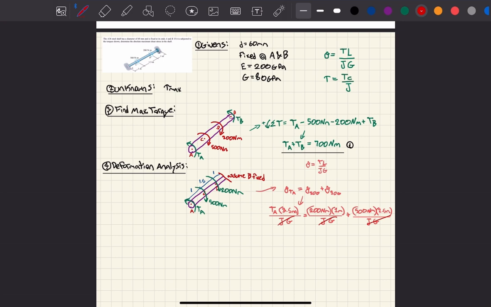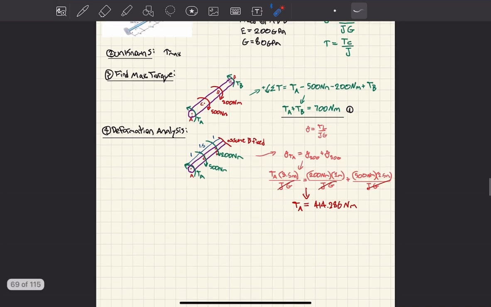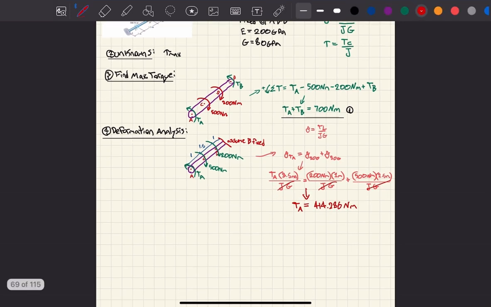And from this, you can easily find that your torque TA is equal to 414.286 Newton meters from doing this lovely isolation. And let's call this formula 2, by the way, so we're keeping track.